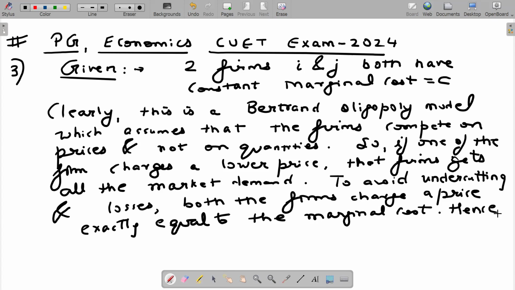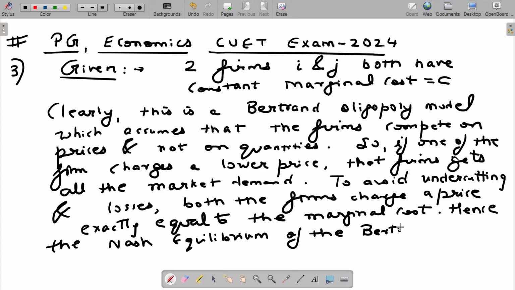Hence, the Nash equilibrium of the Bertrand model is both the firms, PI and PJ.